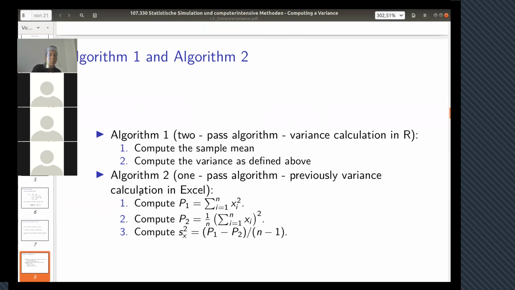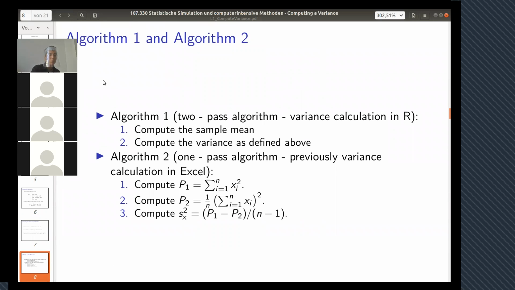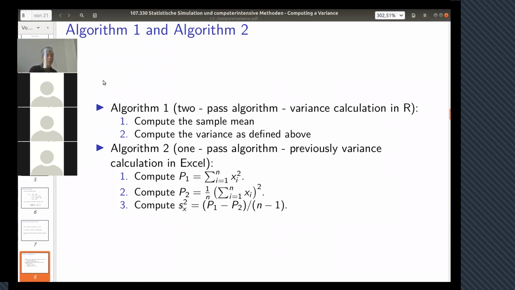Therefore, we will compare different algorithms, or you will do so. I already did that. You will use first algorithm 1.